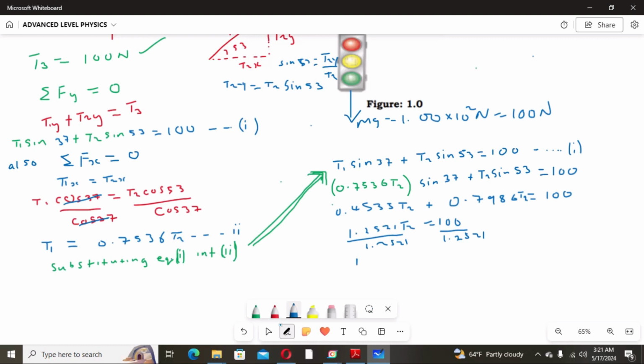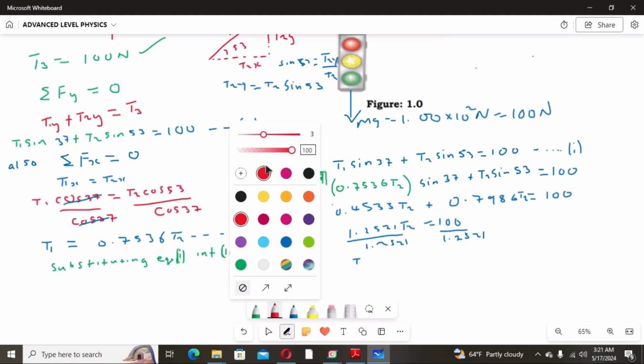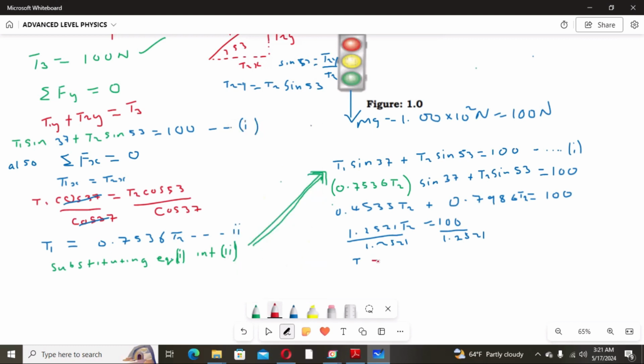Let me even highlight it. The value for T2 will be equal to 79.86 newtons. This is equivalent to 80 newtons.